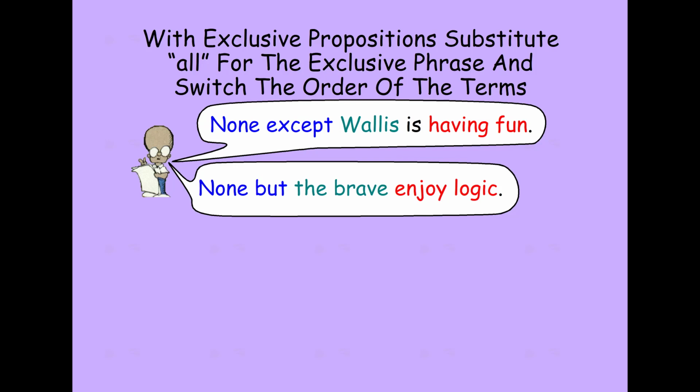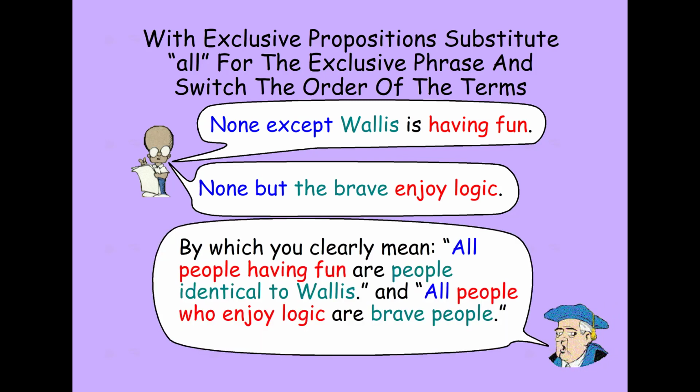Hurley tells us take that exclusive phrase out, substitute in all, and switch the terms. So we'd get something like this. All people having fun are people identical to Wallace. And all people who enjoy logic are brave people.